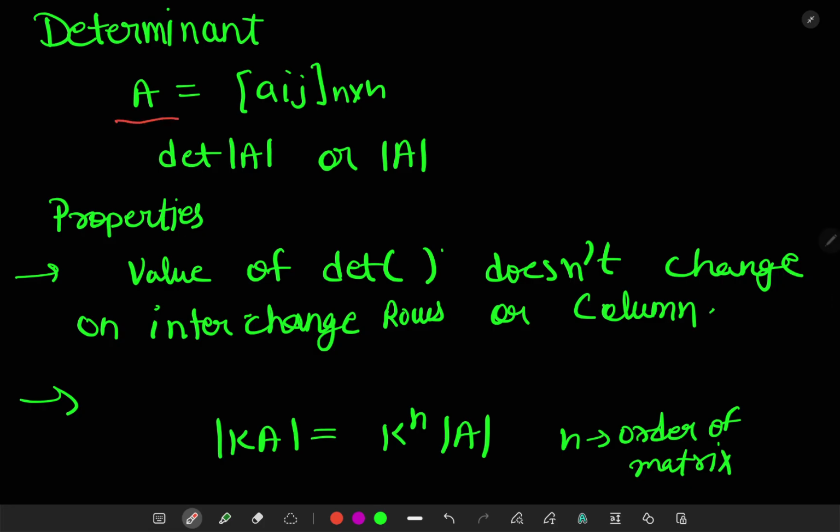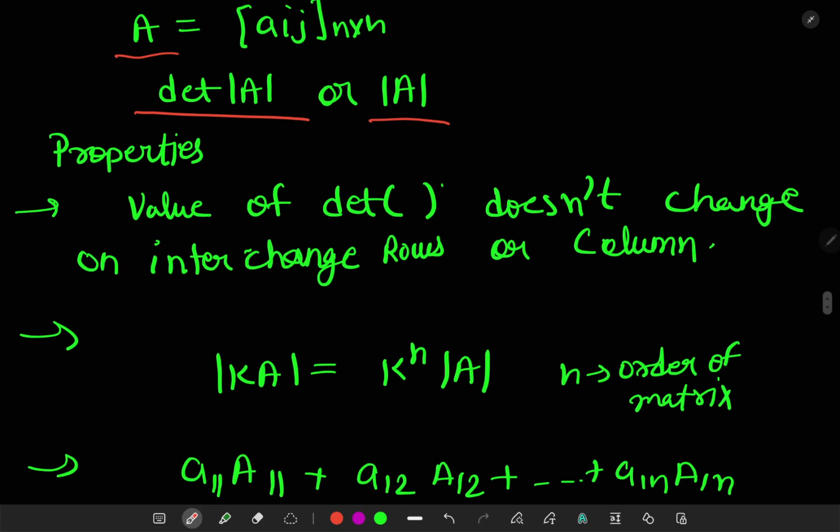Now determinant. A is a matrix of order n into n. Determinant can be denoted by determinant of A or by the magnitude of A symbol. Now their properties.